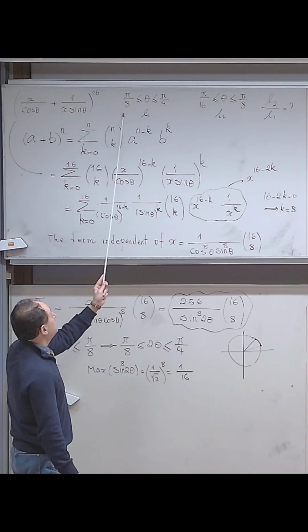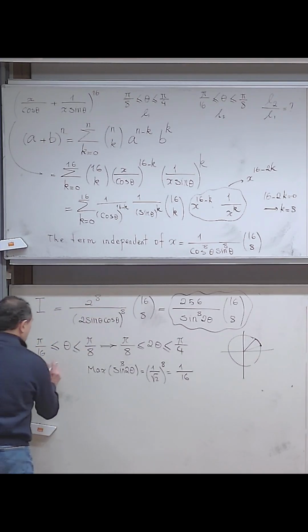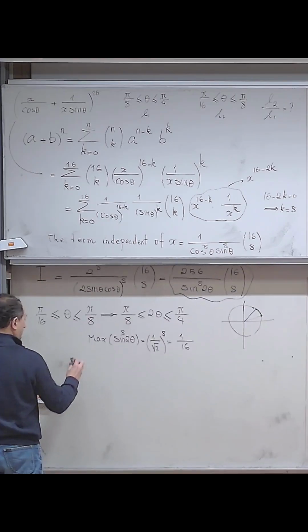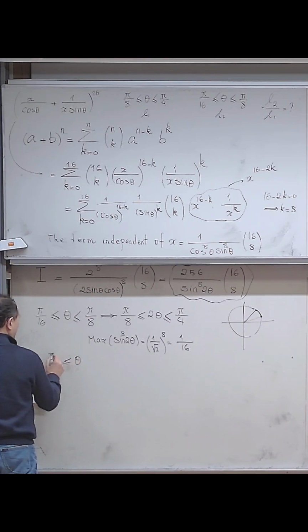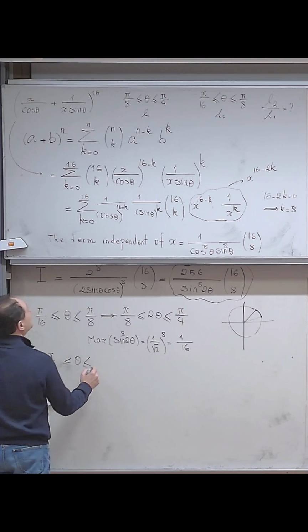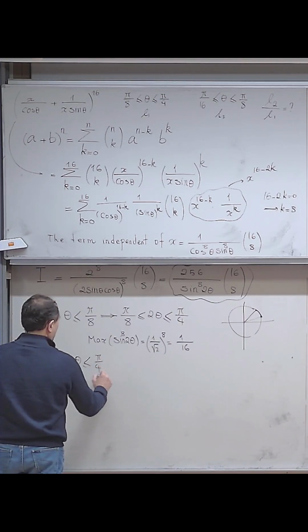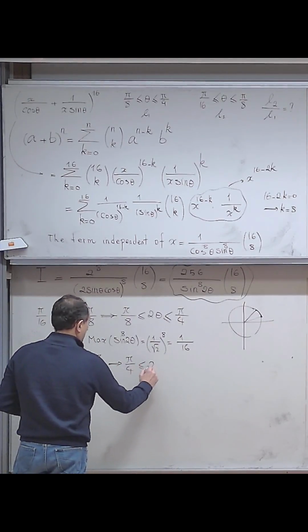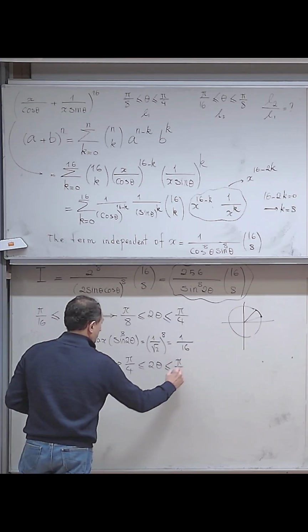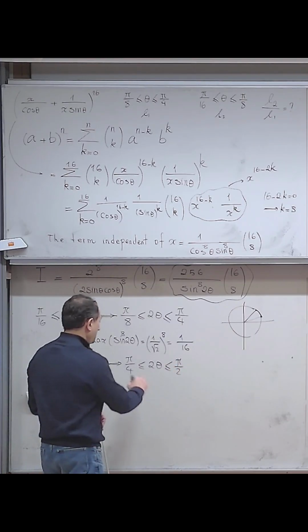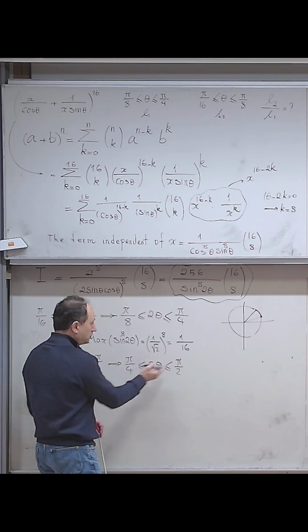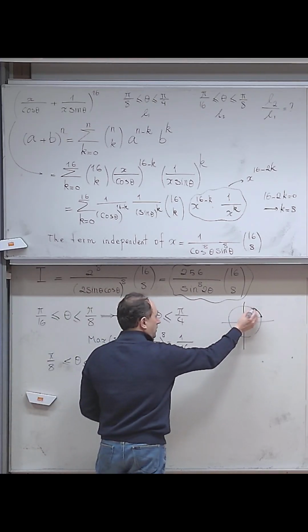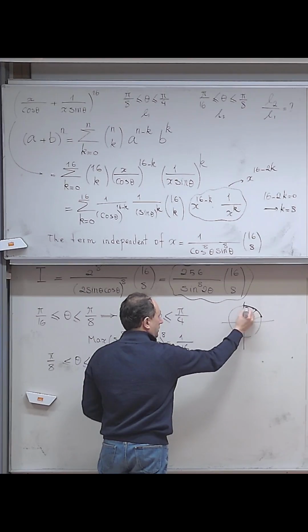In the first interval, if theta is somewhere between pi over 8 and pi over 4, again, I will do the same. I multiply everything by 2. So pi over 4 is less than or equal to 2 theta, less than or equal to pi over 2. This time, 2 theta is from pi over 4 to pi over 2, so now I am on this part of the arc.